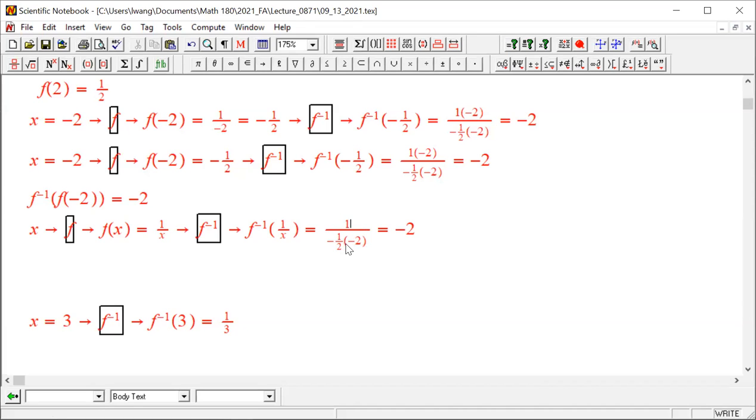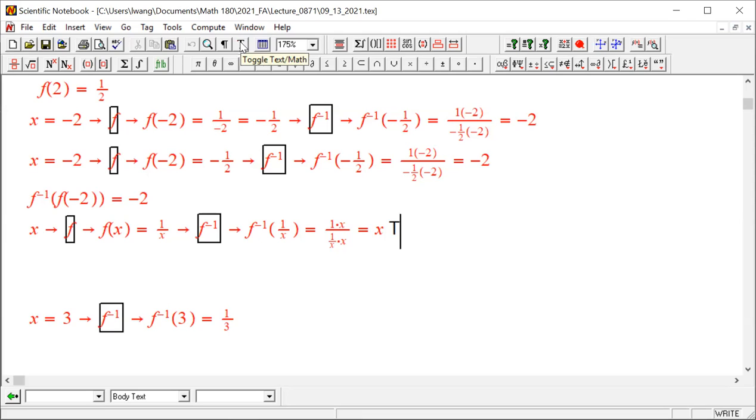So this is going to be the input. And what would that be equal to? How do you simplify this complex fraction? What do you do? Multiply the numerator and the denominator by x. Perfect. You multiply numerator and denominator by x. And what do we end up with? x.